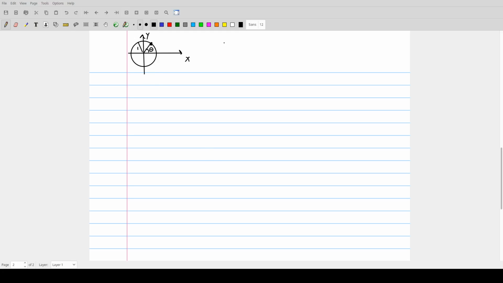And cosine of theta is the x-coordinate of the unit circle. And sine of theta is the y-coordinate of the unit circle. And both of these are at a given angle theta.